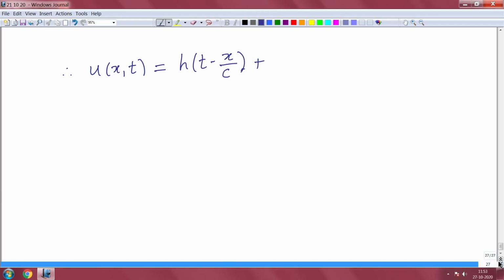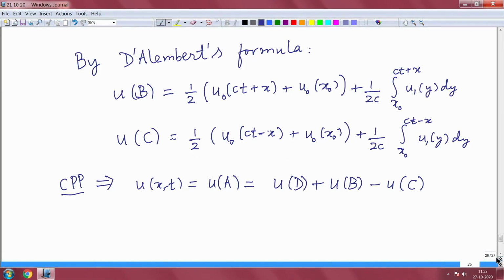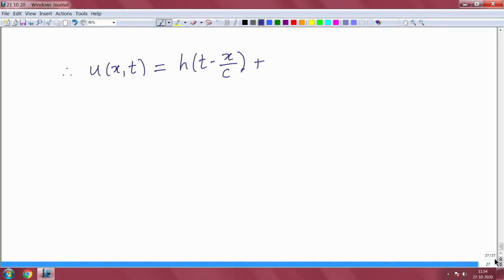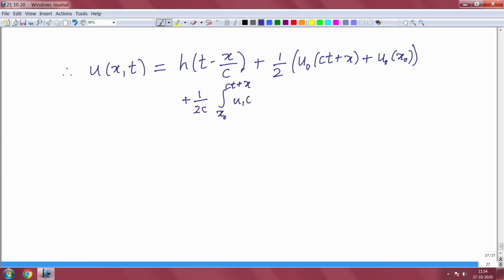Let us again recall that u of b is half of u 0 of c t plus x plus u 0 of x 0, plus 1 by 2c times the integral from x 0 to c t plus x of u 1 of y dy.